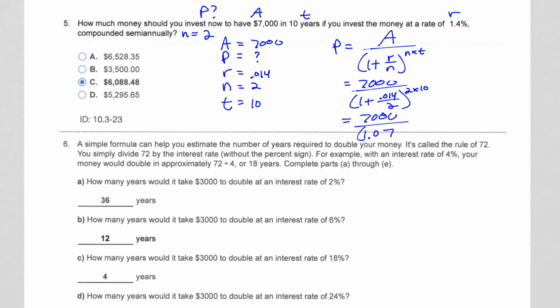Nope, there's 2 zeros, sorry. So 1.007 raised to the 20th power, that's going to give 6,000, sorry, 6,088 and 48 cents.